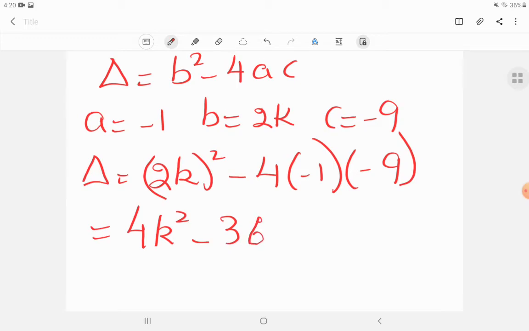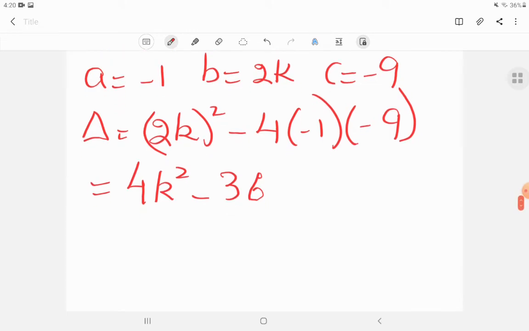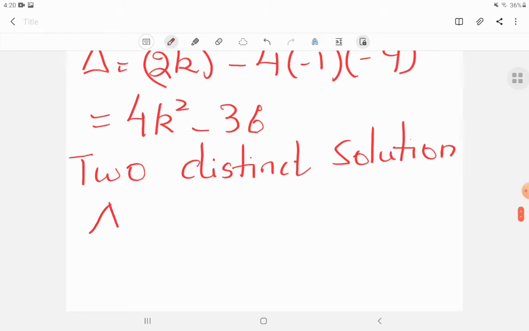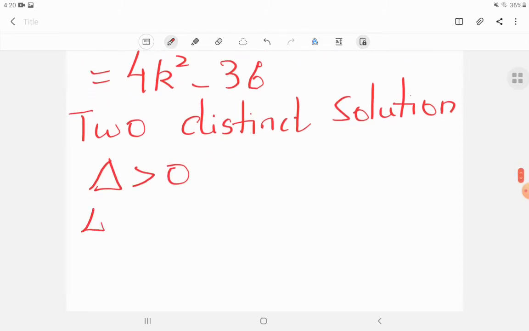For two distinct solutions, what is the criterion? Delta is greater than 0. So we have the expression for delta as 4k square minus 36 is greater than 0.